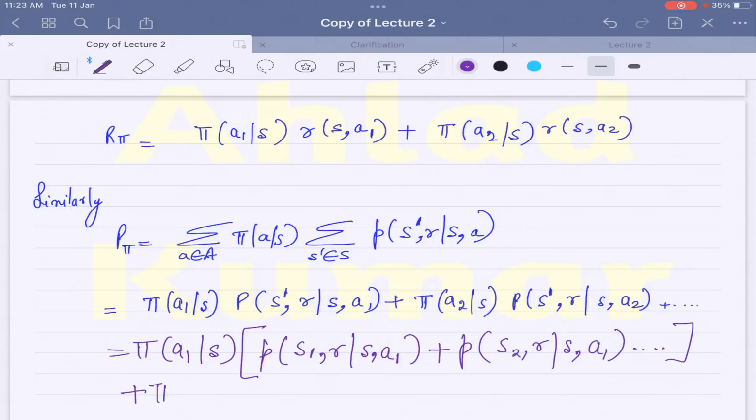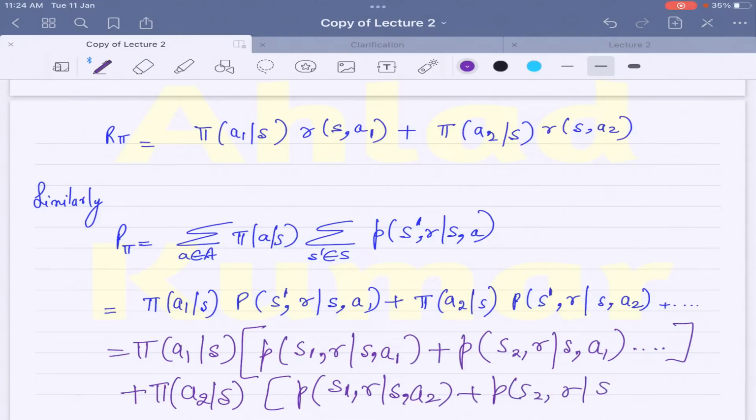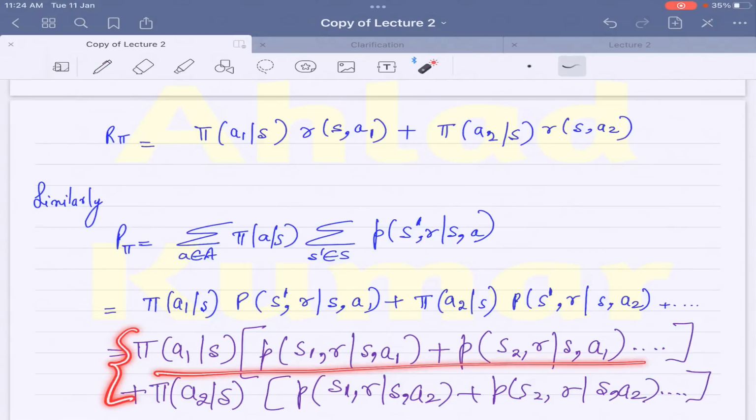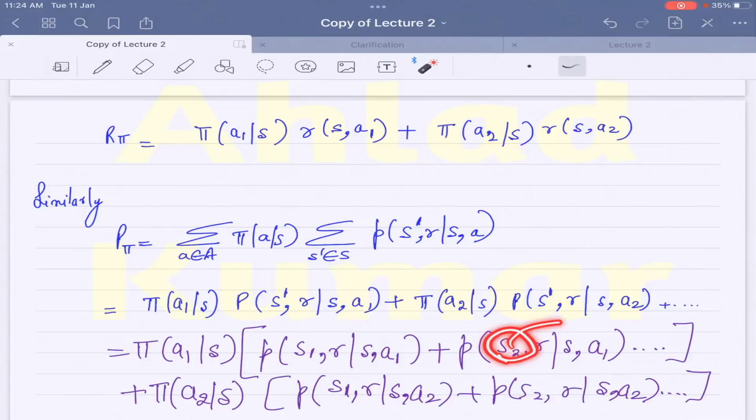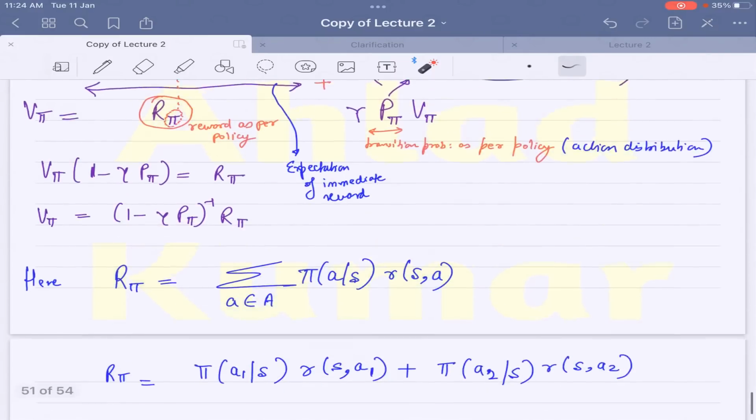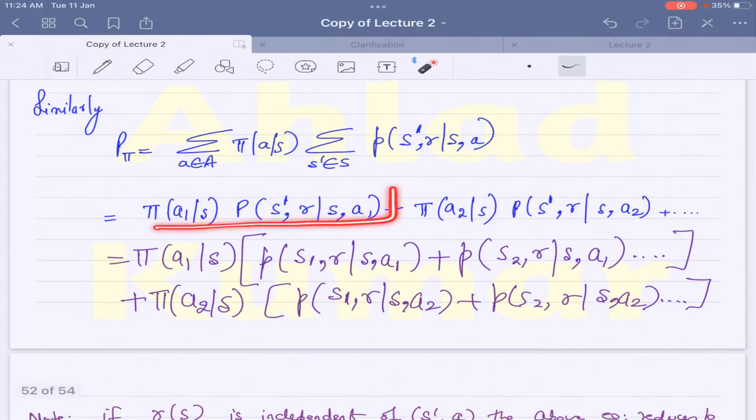In the second action, if you take A2 from S, then again you can have multiple state transitions, action A2, then we can have S2, R state action A2, like this. So this is a generalized case which I am discussing here, where the states can be up to n, but this equation considers only a single state coming out from this action A1.